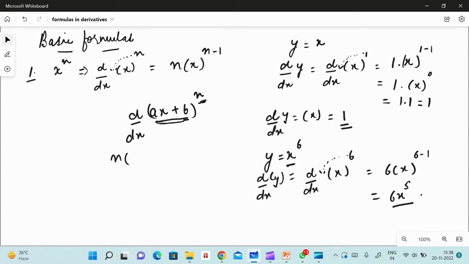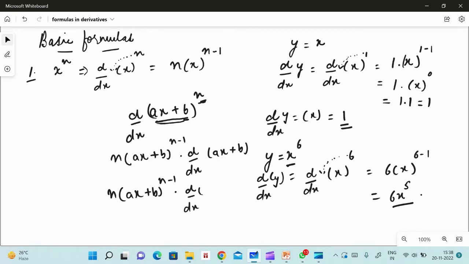So what I will do, I will take n into ax plus b power n minus 1 into the derivative of ax plus b, right? We know this thing that the derivative of a constant is 0. This we have covered in our first session, right? So here n into ax plus b power n minus 1 into the derivative of ax.